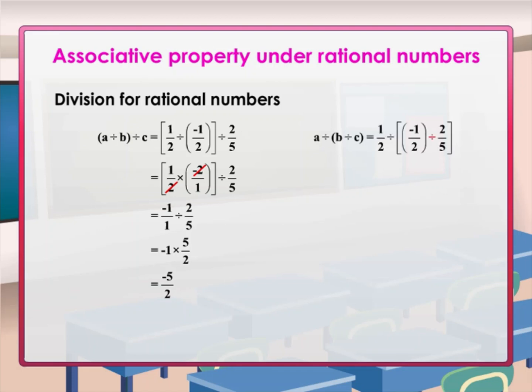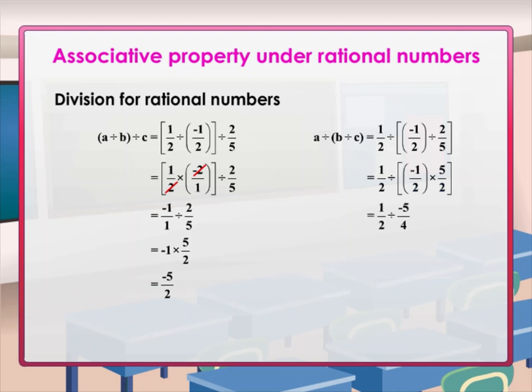Let us do this division in another way, that is, first divide b by c and then divide a by this result. So 1 by 2 divided by, inside the bracket, minus 1 by 2 divided by 2 by 5. Proceeding in the same way as we did earlier, converting the division into a multiplication, multiply both the numerators and denominators, we get minus 5 by 4.